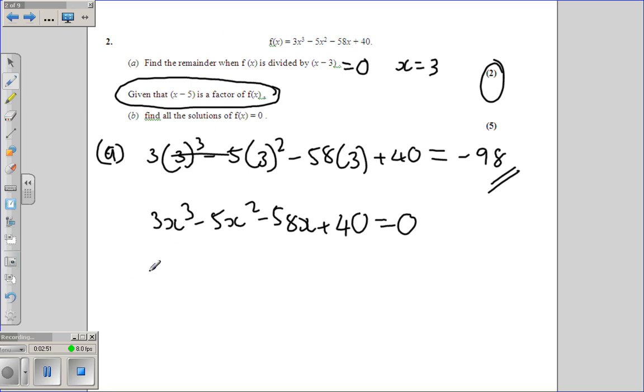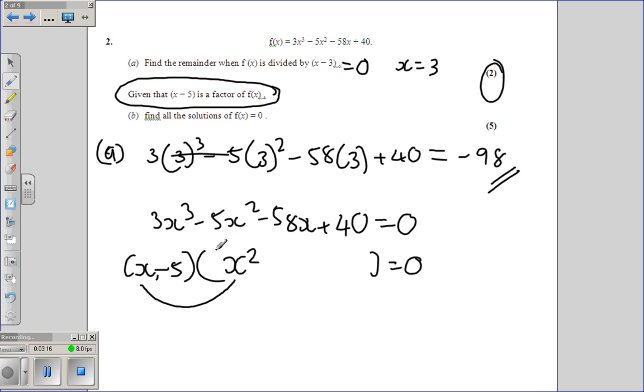So we know that x minus 5 is a factor. So in order to get a cubic from just a linear expression, we need to have a quadratic in here. That's the only way we're going to get a cubic when we multiply things out. First thing you do is work out this term here, because this bit is going to have to be your x squareds, because this here is going to make your x cubed.